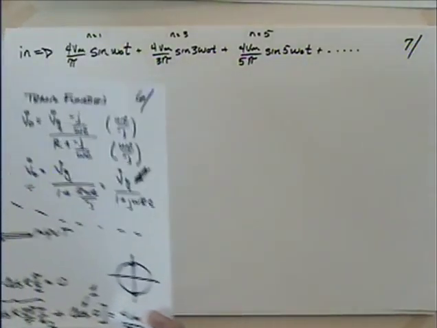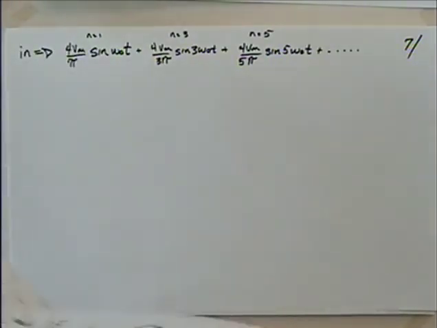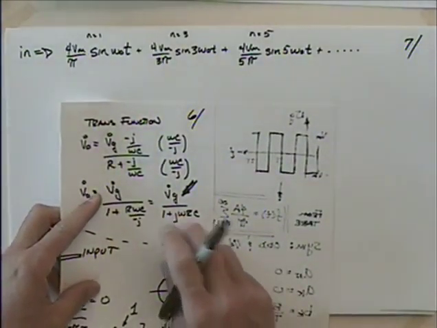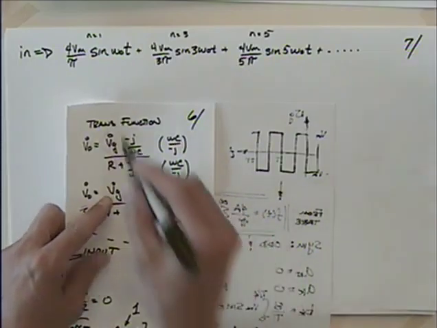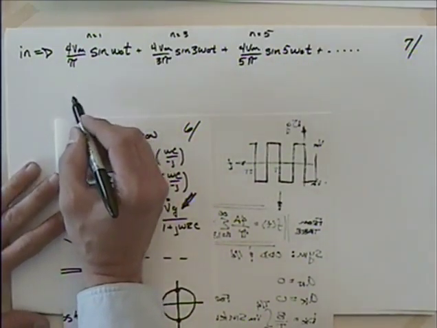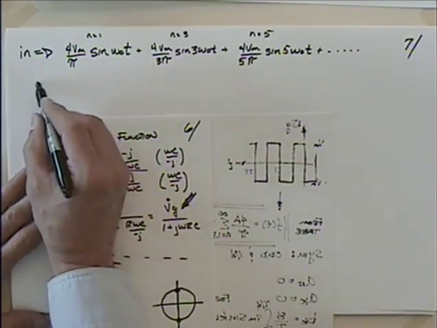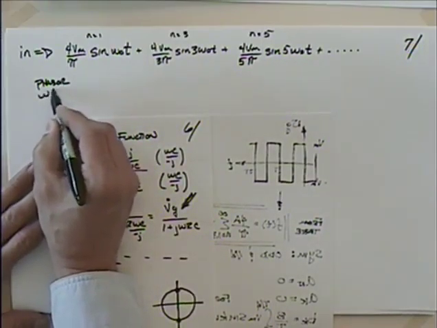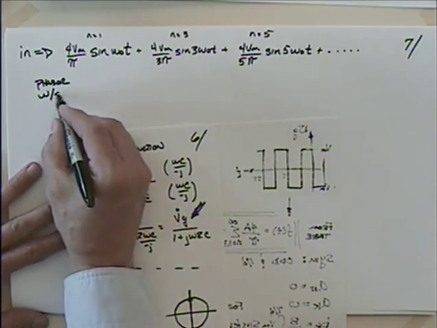So if I put the first function, first term through the transfer function, so I got the transfer function right here. So I'm going to put that first one in. What does this one look like in phasor form? If I write this in terms of a phasor, nope, just this term right here.